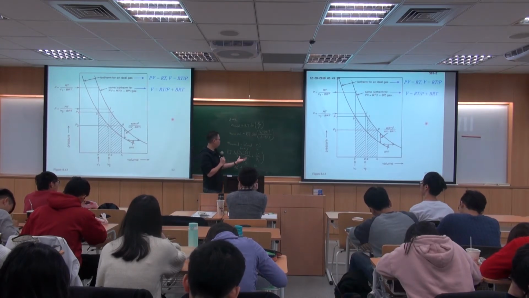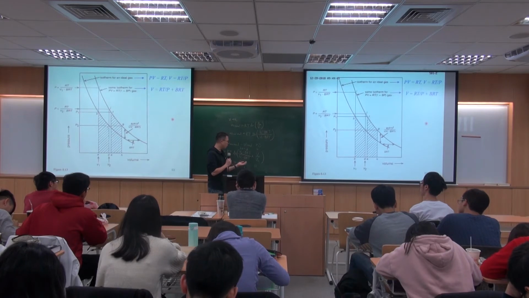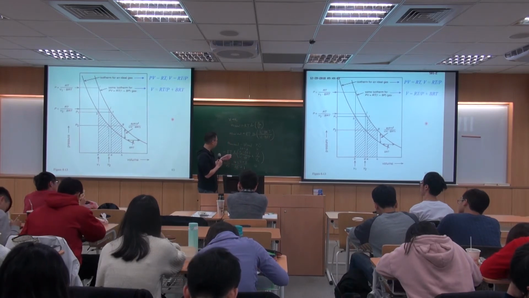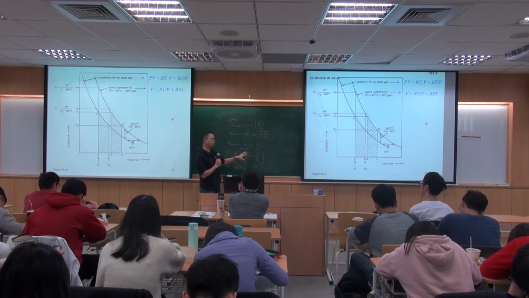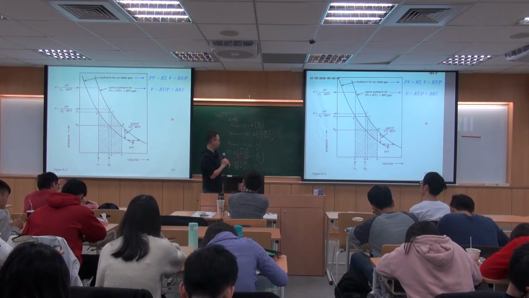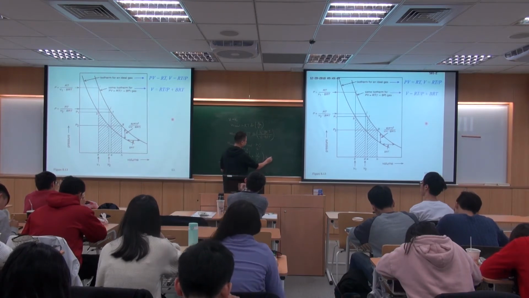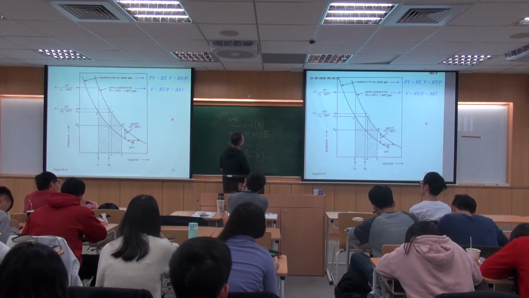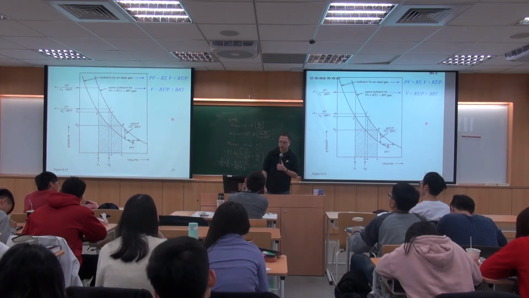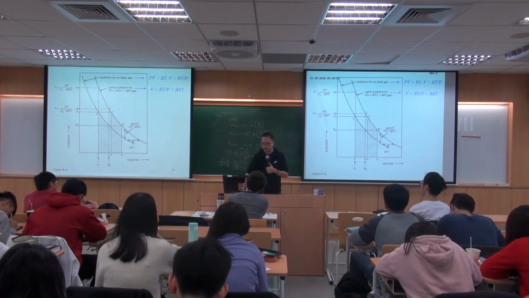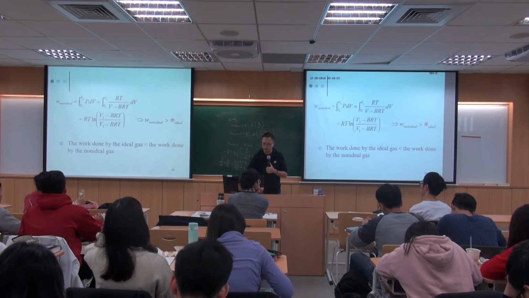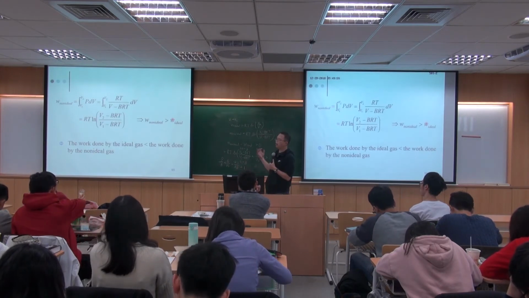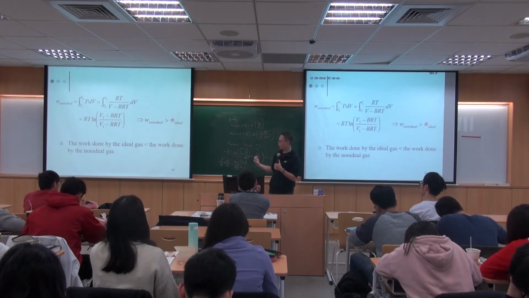So if this product is greater than 1, then if you take the log, this is greater than 0. This is a positive number, so this is okay. So we'll check this is good. Okay, so this part is just trying to show you that for different kinds of constraints, you have to use different ways to calculate.